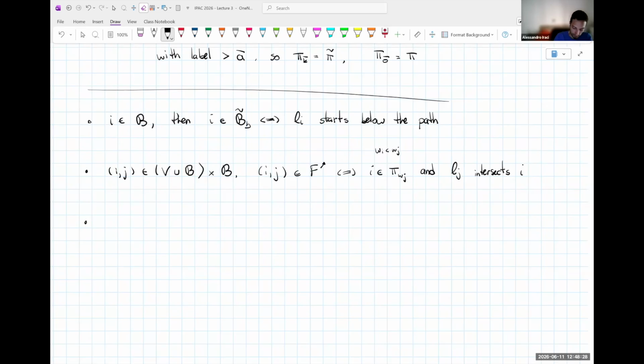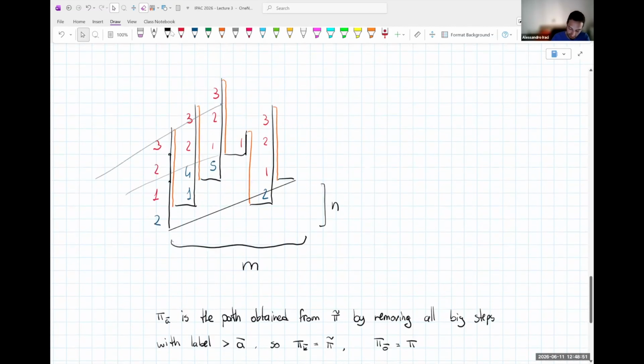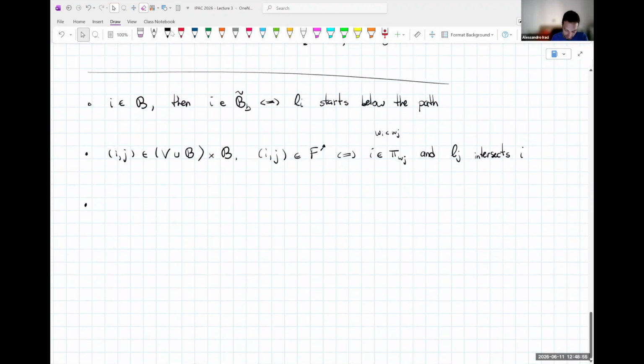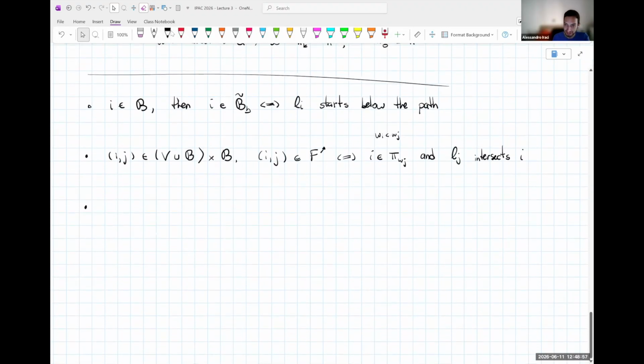Now the first non-obvious thing is that I didn't say what a lot of these things are. I didn't say what the dimension of the image is, but we're going to see it.